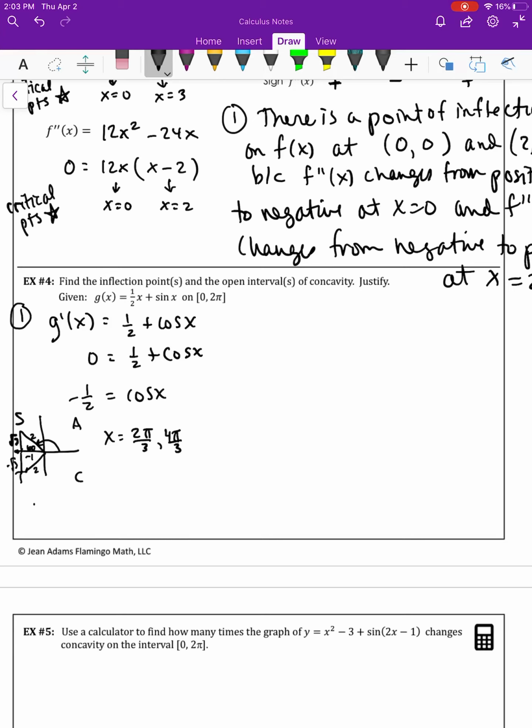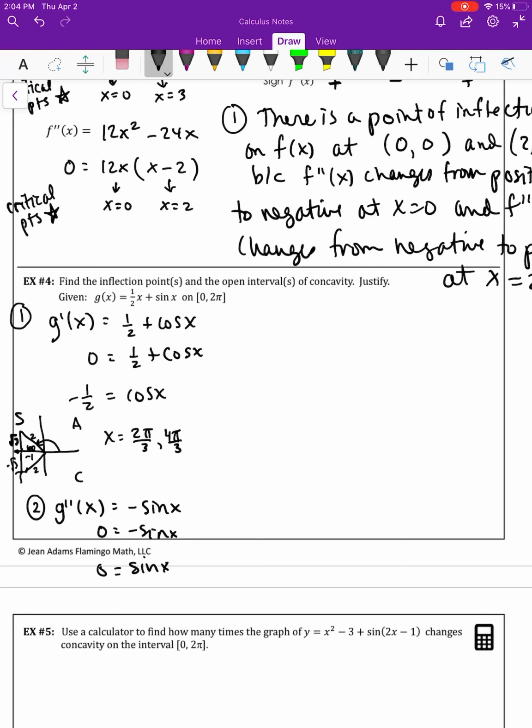And then we would find our g double prime of x, which would just be negative sine x. And when we set that equal to 0, again, if I divided by -1, we're looking for where the sine is 0.